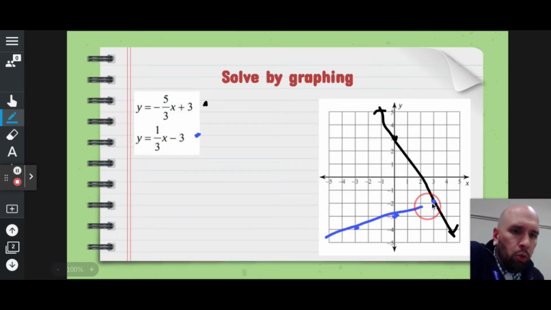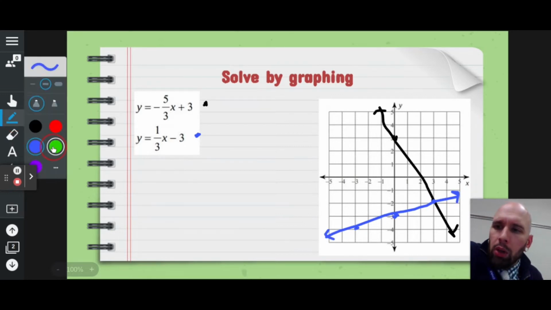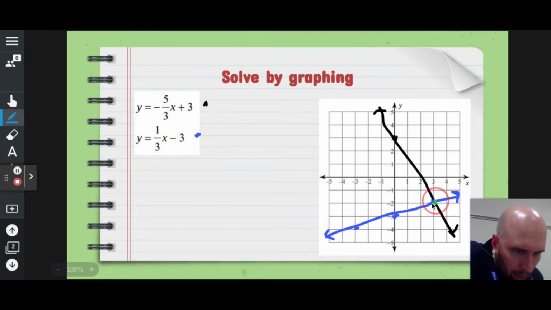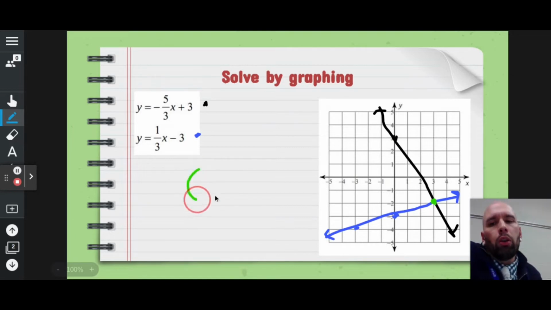The solution to any system of equations is where the lines intersect. These two lines intersect at that spot right there, which is right 3, down 2. So (3, -2), there you have it.